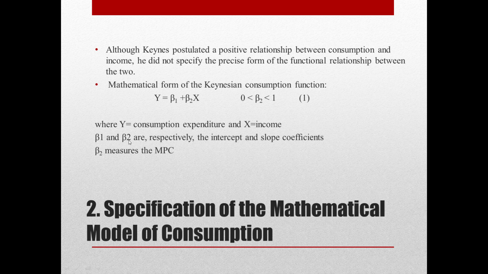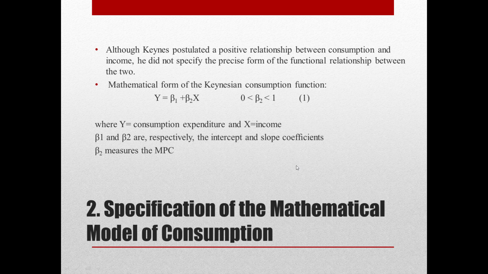Beta 1 and beta 2 are the parameters, respectively the intercept and slope coefficients, and beta 2 is also the MPC, the marginal propensity to consume, whose value lies between 0 and 1. So this is the specification of the mathematical model.